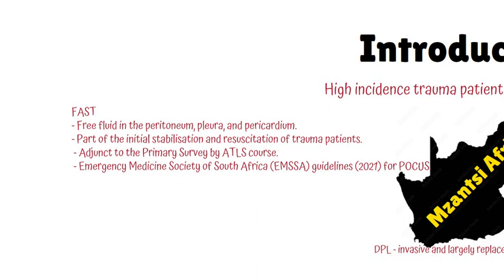In most trauma departments or emergency departments, it is the integral part of the initial stabilization and resuscitation of trauma patients. According to the ATLS manual, the 10th edition, it is recommended as an adjunct to the primary survey of the trauma patient.